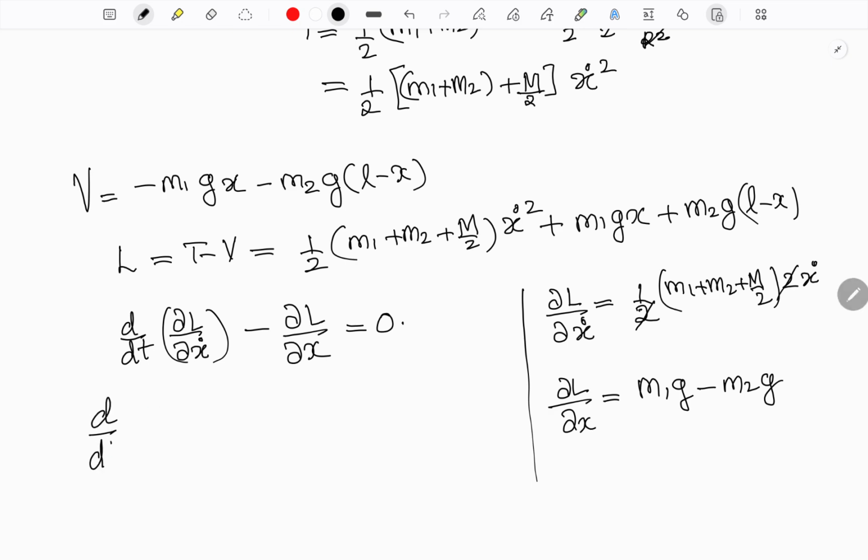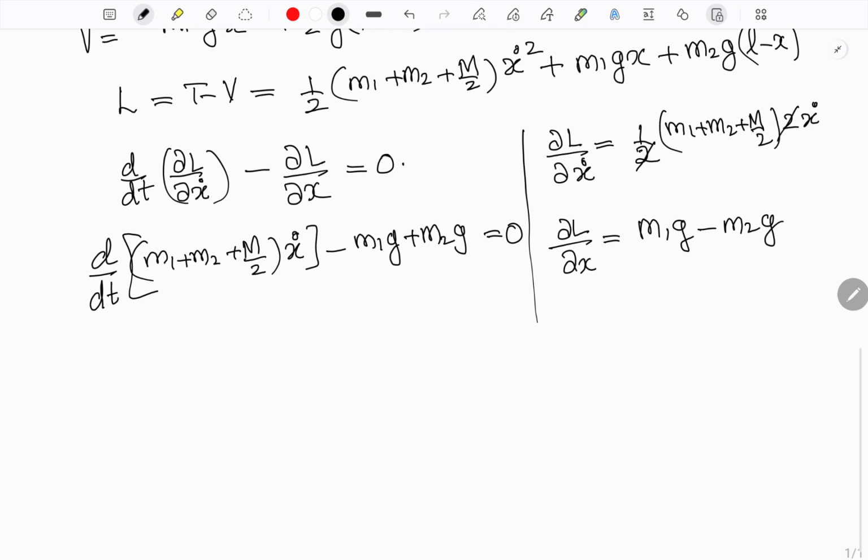So we will get d by dt of (m1 plus m2 plus M by 2) x dot minus m1g plus m2g is equal to 0.